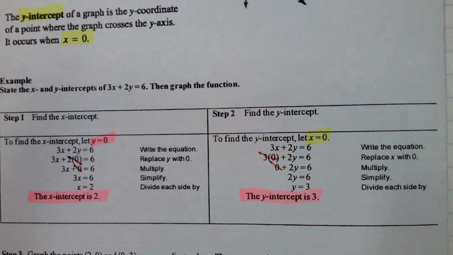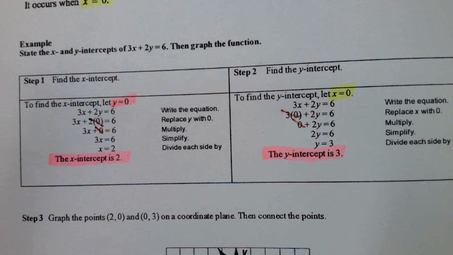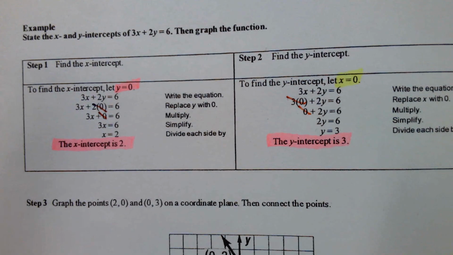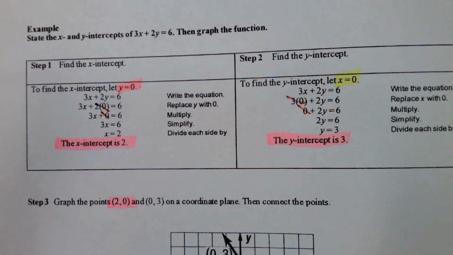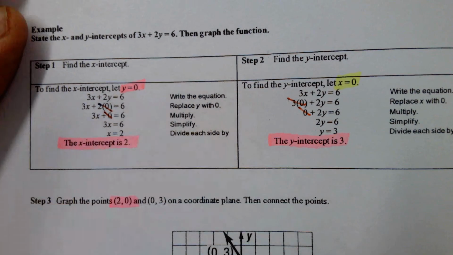So we basically have 2 points on the line. Okay? And here they are. We have the x-intercept coordinates, right? We figured out that it was 2. So the coordinates are 2, 0. Then we have the y-intercept coordinates.